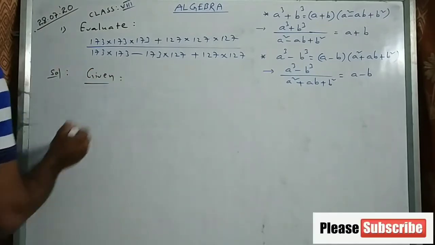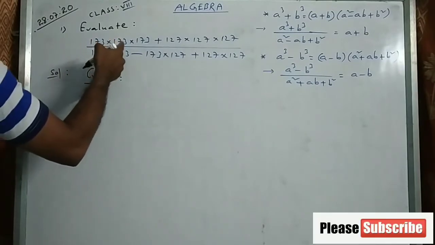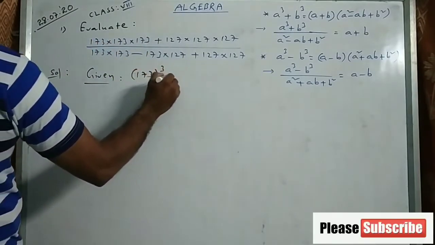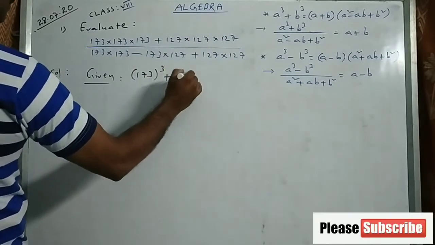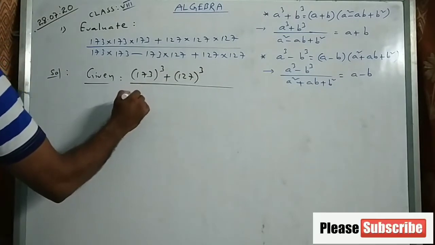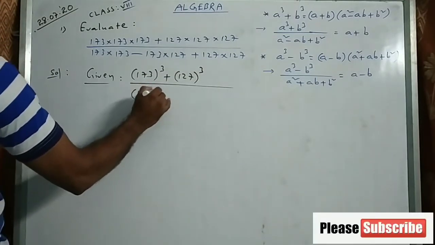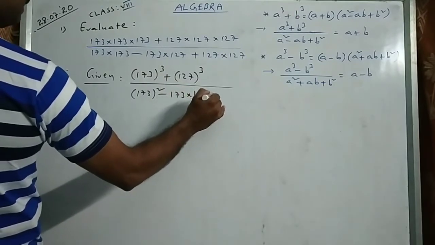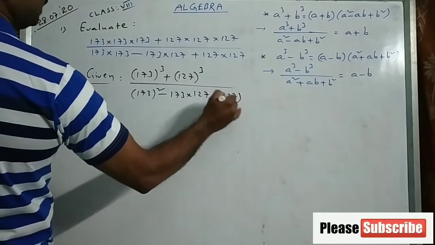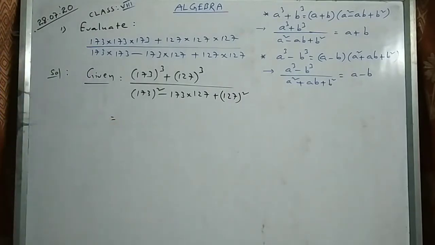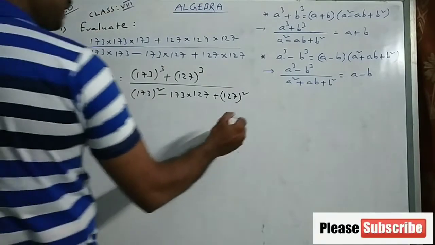Given can be written as 173 whole cube plus 127 whole cube upon 173 whole square minus 173 into 127 plus 127 whole square. Okay, what is the form of that? First one, right?